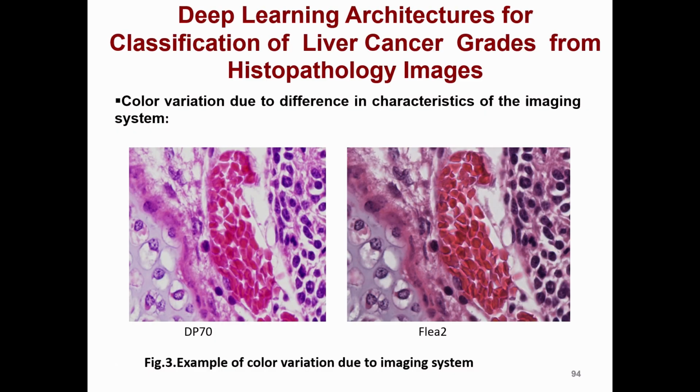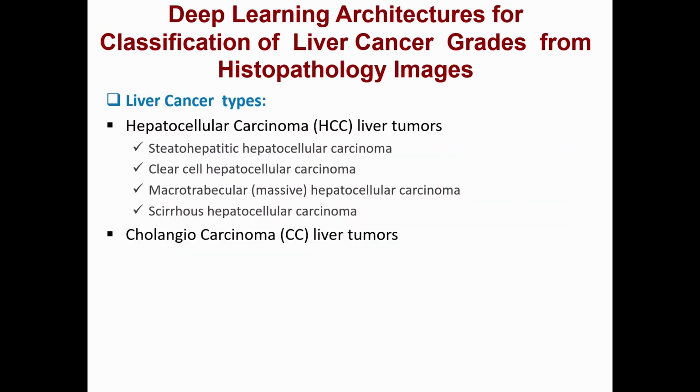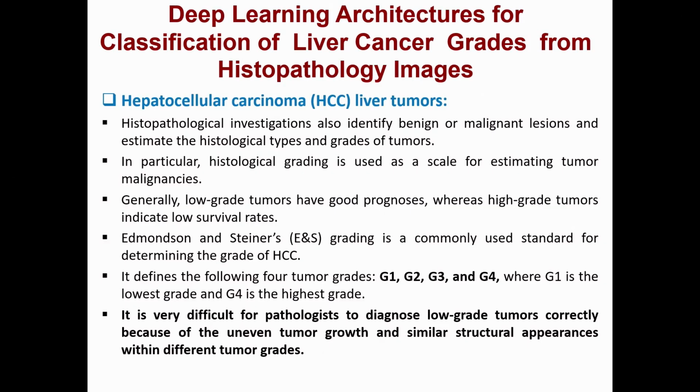If pathologists want to take any diagnostic decision based on these images, their decision will always be wrong, right? So we need to do some sort of color normalization so that the color problem in the microscopy is resolved, right?